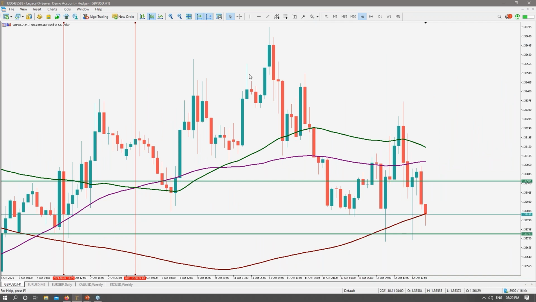So here, if we look at the current market, we went through the fast, back through the slow, and we now are on the slow. This is the fast, medium, slow. If you're not sure which one is which, if you hover on the line, it will tell you what your rating is on it. So here it says 50, this one says 100, and here it says moving average 200.